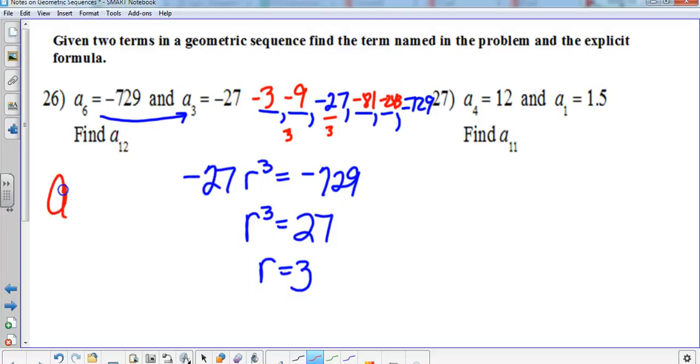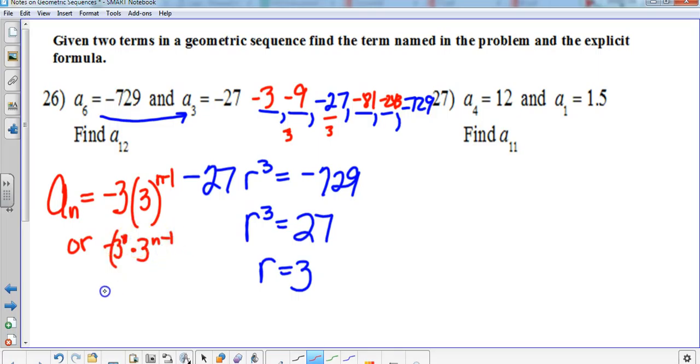So what's the explicit form look like? First term times 3 to the n minus 1. Is there a shorter way we could write that? Anybody know of an equivalent way? This would be negative 3, or positive, an outside negative and a 1 here, times 3 to the n minus 1.